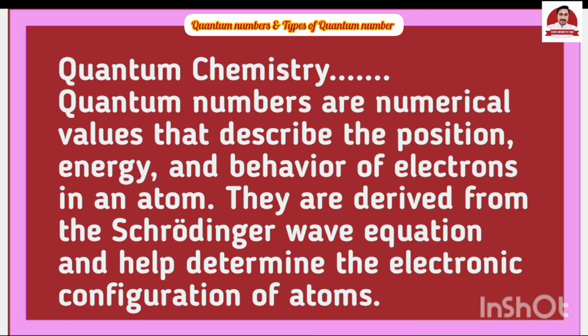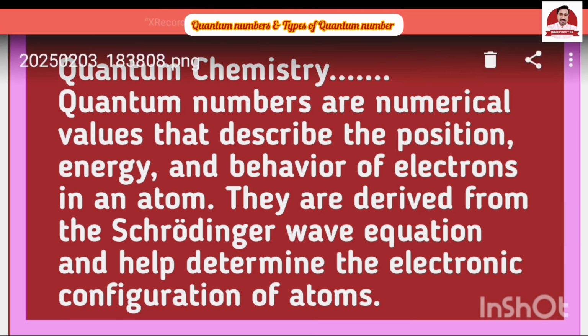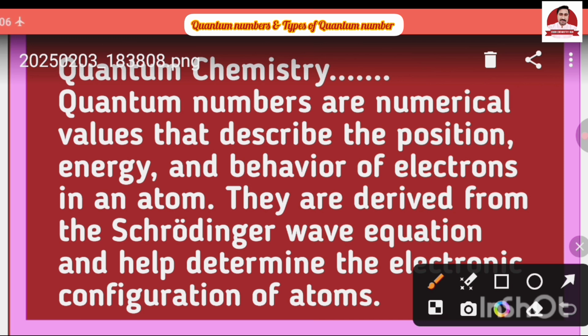Quantum numbers are the numerical values that describe the position, energy and behavior of an electron in an atom.